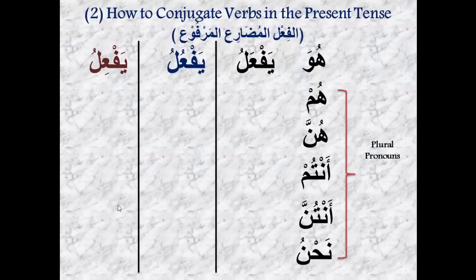Moving on to the rules for the plural pronouns, we have on the very top hum, which means they, masculine, hunna, they, feminine, antum, you all, masculine, antunna, you all, feminine, and nahnu, which means we. Again, each of these three columns represent the three different middle vowels that you can get on top of the middle root letter.